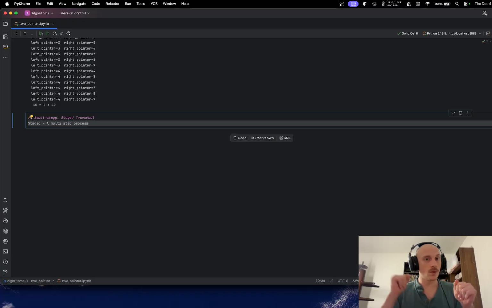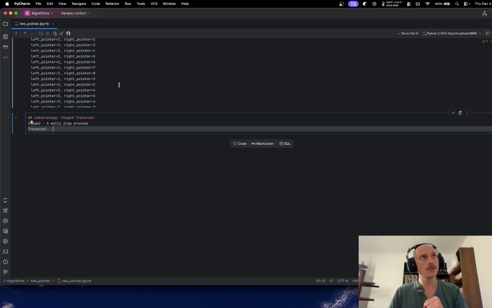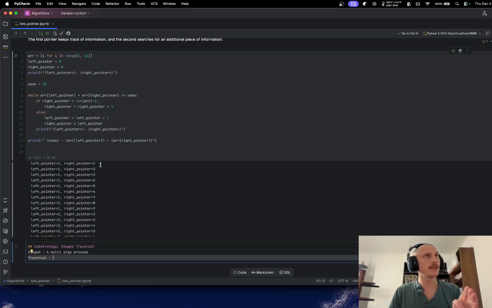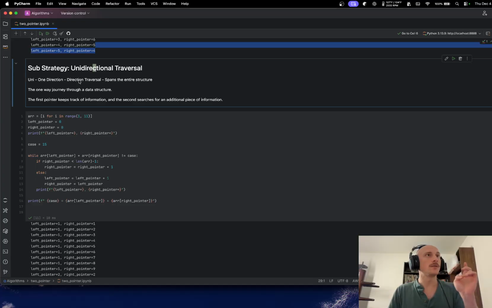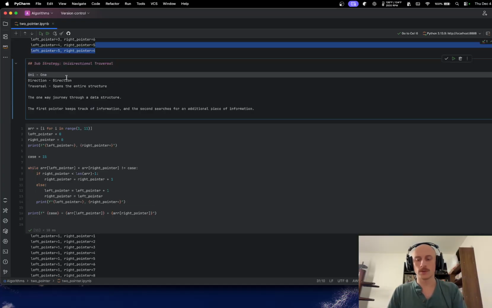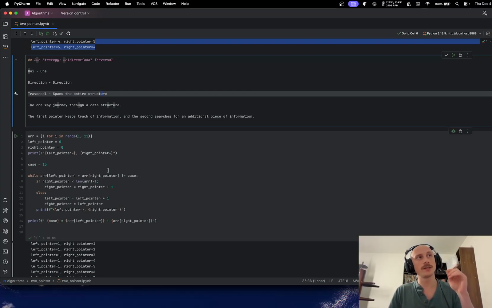So, with that in mind, let's go ahead and break this down further. So it's staged process. Stage, a multi-step process. Traversal. I think that we've come up with a pretty good understanding of it from the last one, which is the spanning or the movement.